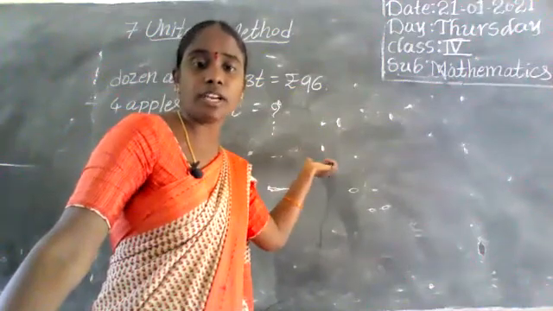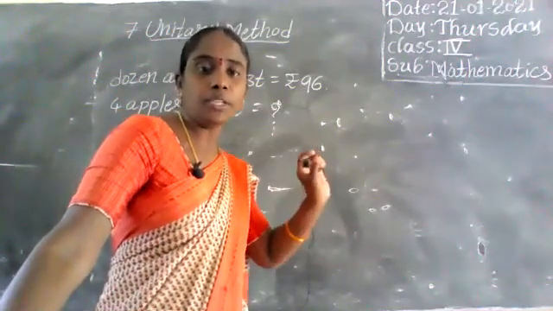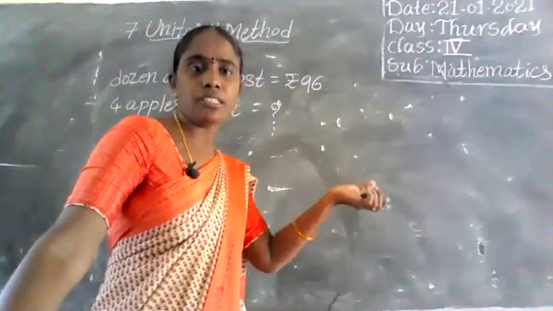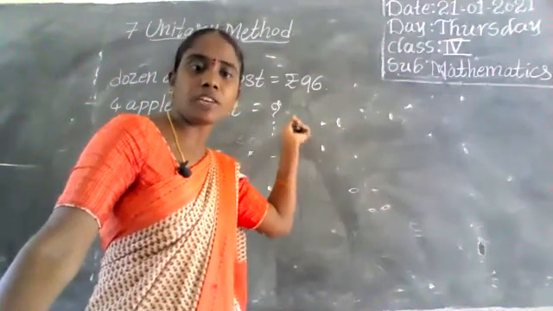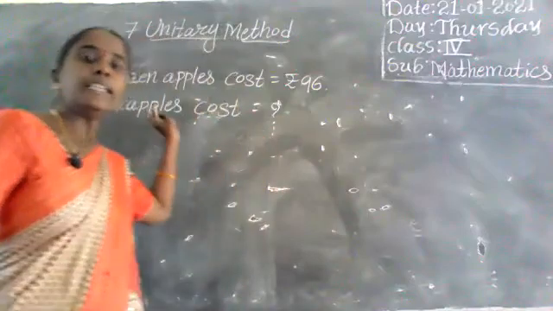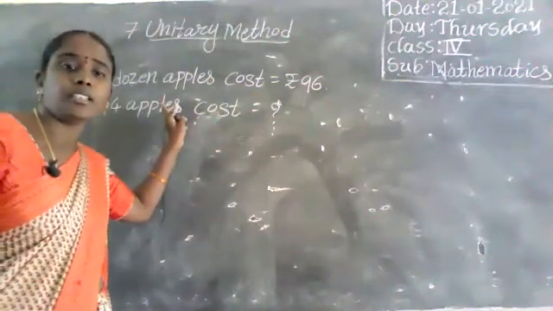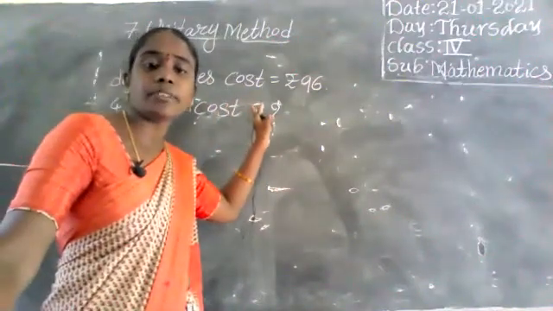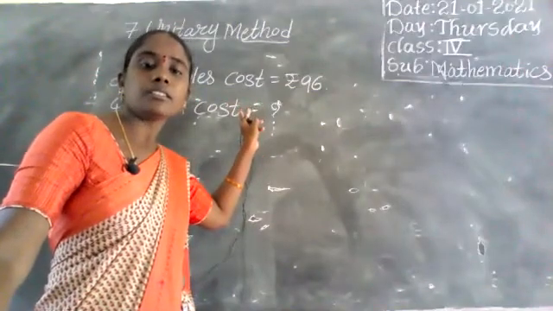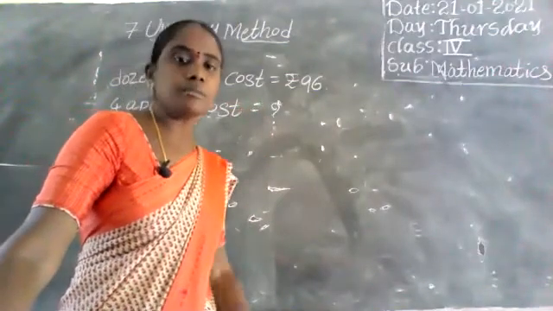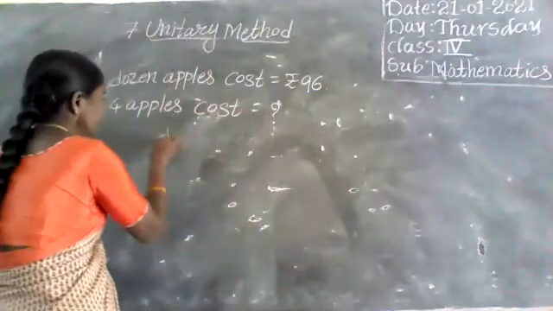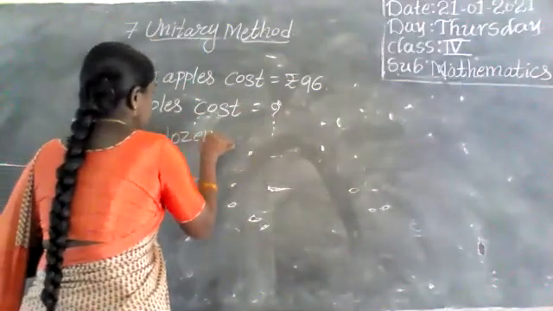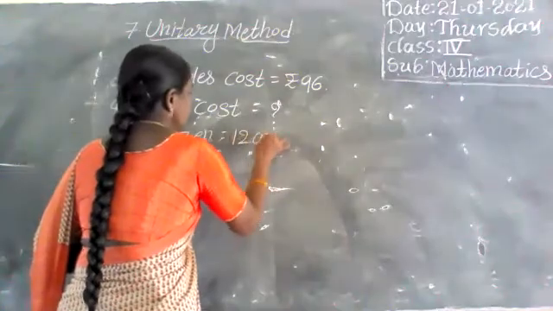How can we find it? One unit. Unit means one. How can we get the cost of one first of all? You know dozen? Dozen means how many articles? Dozen means 12 articles.